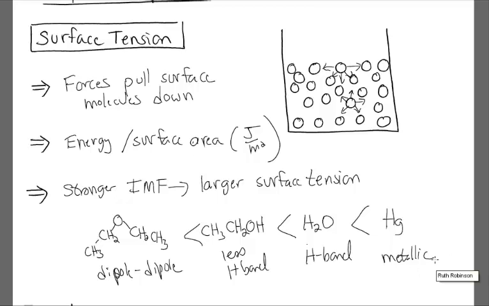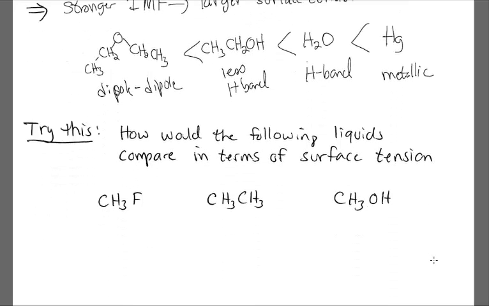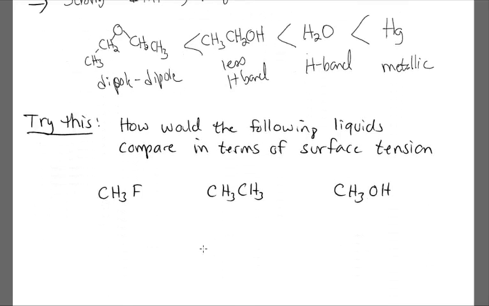All right, so you can try some. How would the following liquids compare in terms of surface tension? Compare the forces: first label the forces, and then rank them according to that. CH3F is going to be dipole-dipole. CH3CH3, or ethane, is going to be pure dispersion.